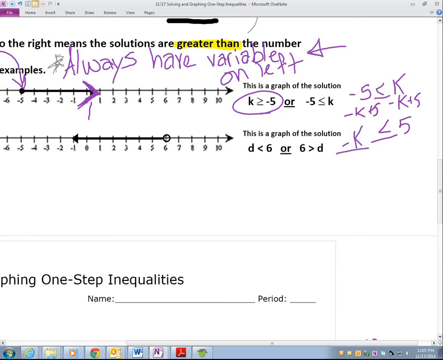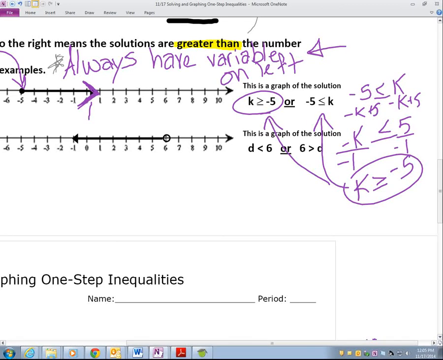But I can't have that negative here, so I divide by negative 1, divided by negative 1, which makes me have to flip this sign, so now I have k is greater than or equal to negative 5. That's just a two-step equation. I'm just trying to prove to you why, and also to prove to YouTube why I just said that. So these are the same. They're both correct.